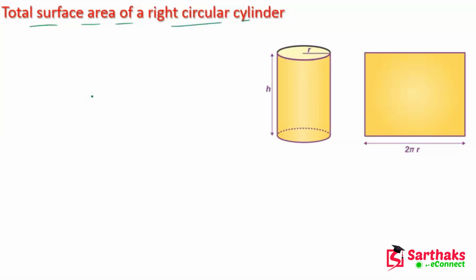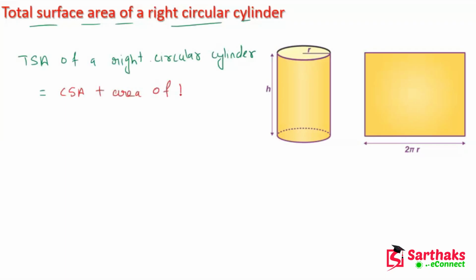The total surface area of a right circular cylinder is the curved surface area plus the area of two circular bases. So TSA of a right circular cylinder is equal to CSA plus the area of two circular bases, and we know that the area of a circle is pi r square.